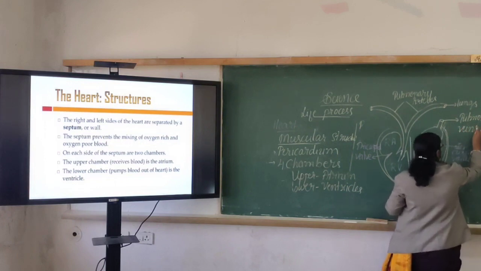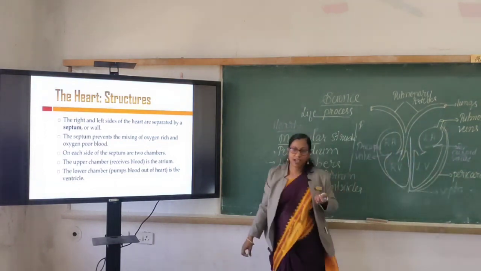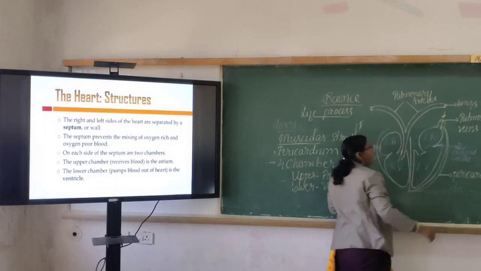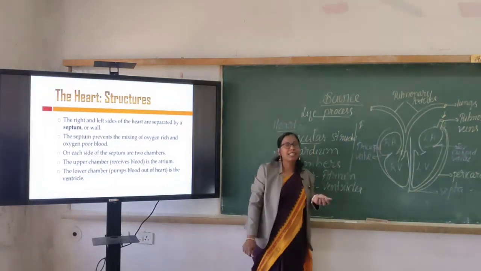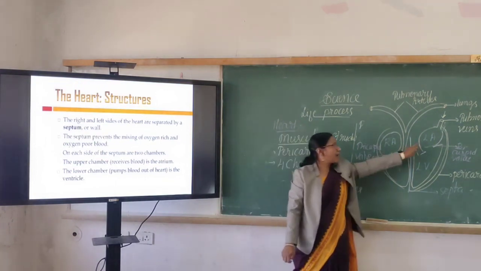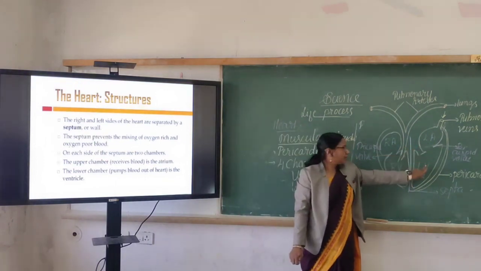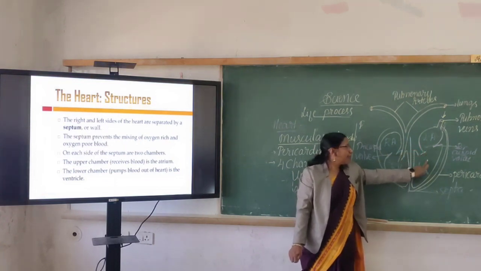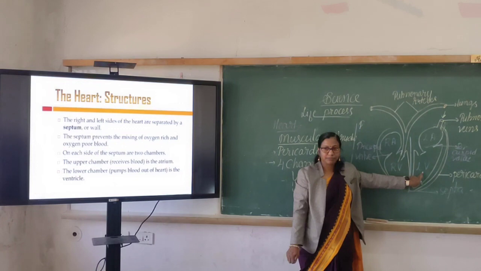These pulmonary veins are the special blood vessels which carry oxygenated blood from the lungs. The oxygen-rich blood comes back to the left atrium. From the left atrium, through the bicuspid valve, it comes to the left ventricle.